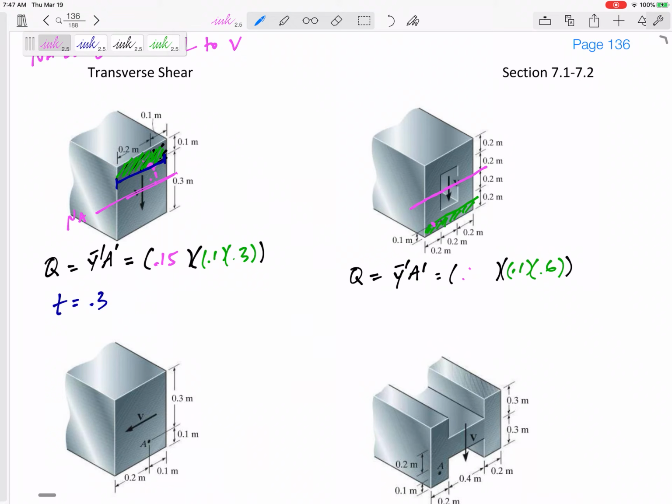So 0.35 would be the Y bar prime. And so that's what I would use as my Q, Y bar prime, A prime. And for the thickness, just the thickness at that point, 0.6.